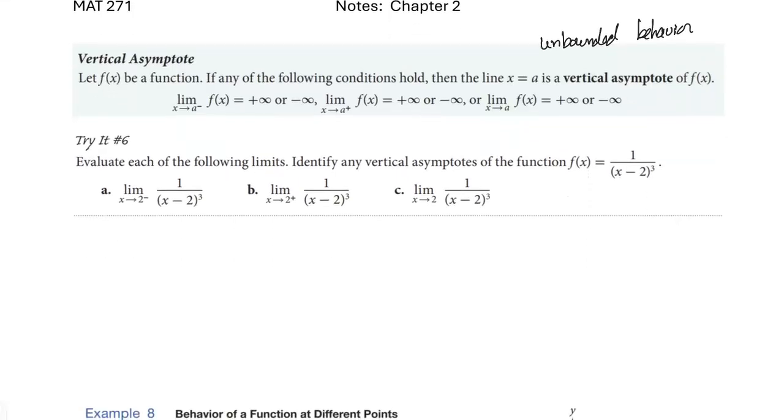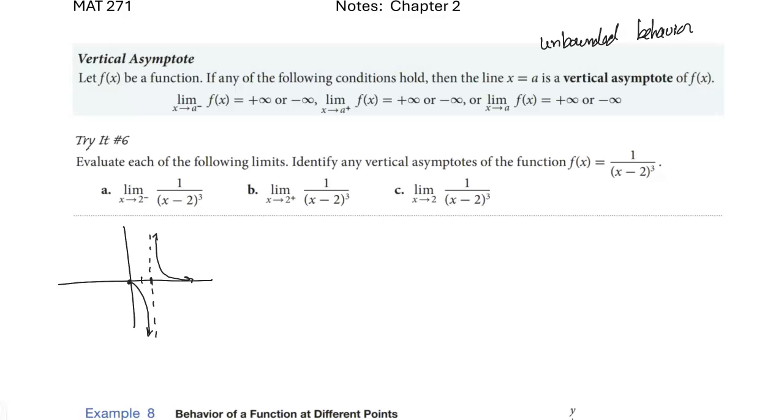Let's look at a few examples. We have 1 over x minus 2 to the third, and you could graph this in Desmos. It's a transformation of 1 over x cubed. It has a vertical asymptote at 2. And this graph looks like this.